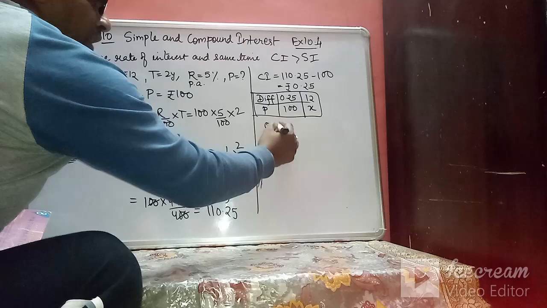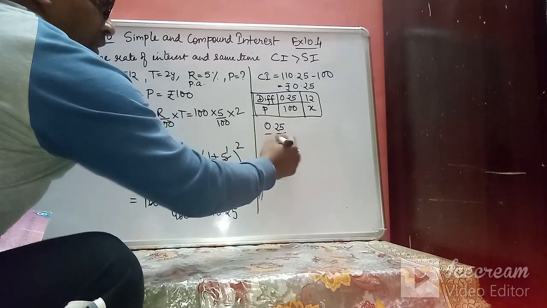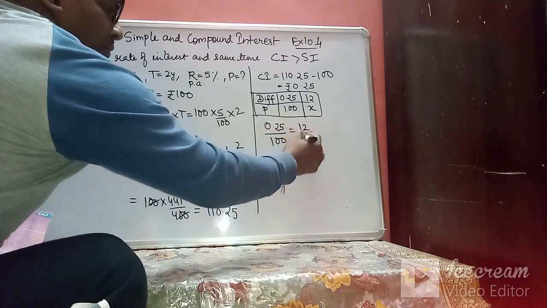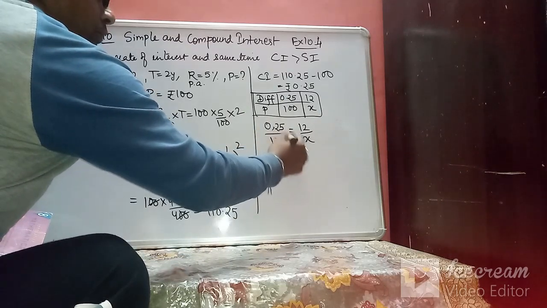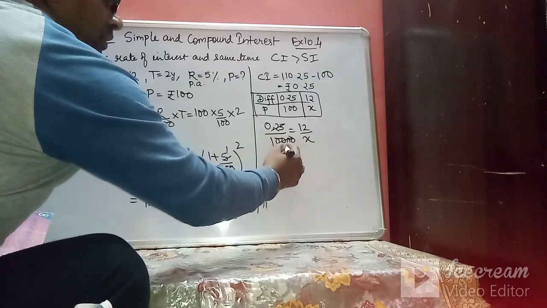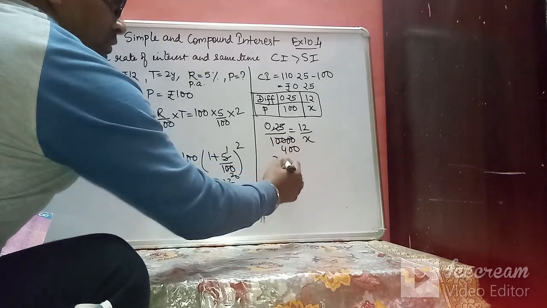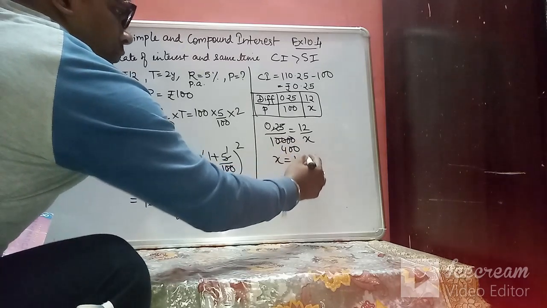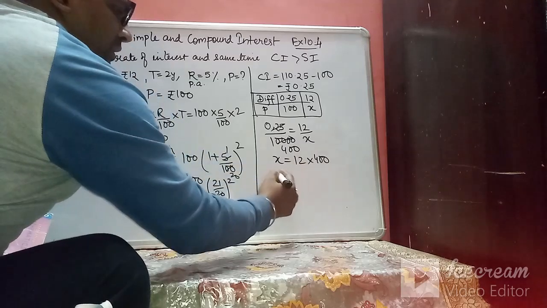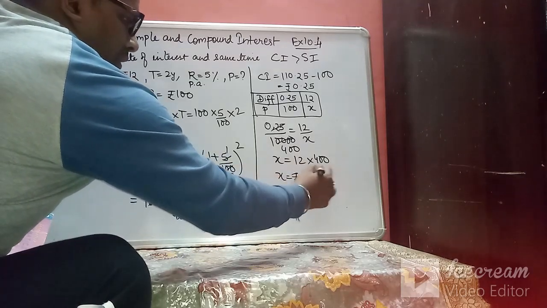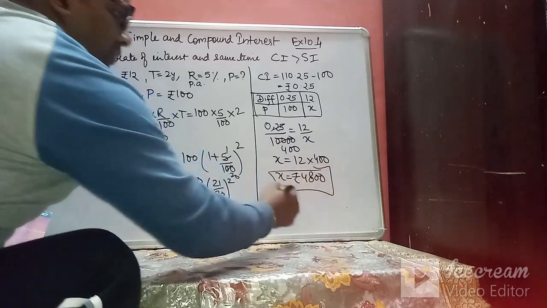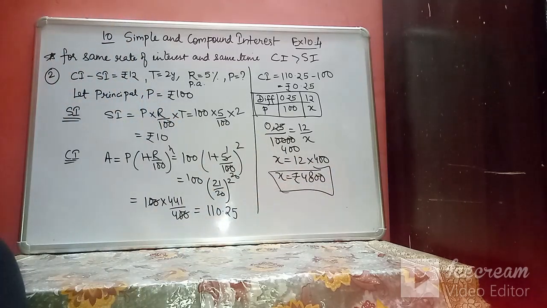So we can solve it like this: 0.25 upon 100 equal to 12 upon x. So 2 zeros will come here, it will be 400. So x is equal to 12 into 400, that is x is rupees 4800.